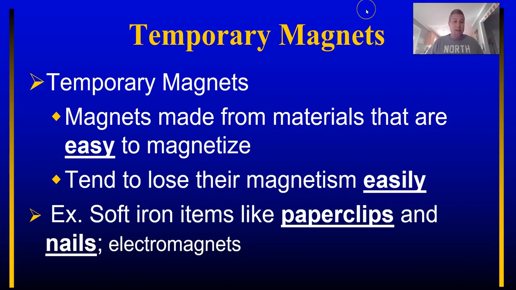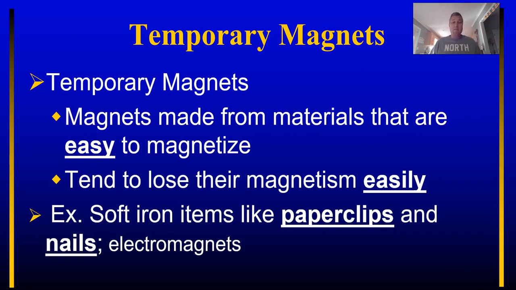So temporary magnets are made from materials that are easily magnetized. Now, you remember those materials that are easily magnetized: iron, cobalt, nickel. They're not permanent magnets. They weren't made like natural magnets. These aren't the kinds that you stick on the refrigerator or use to hold something up. These are temporary.